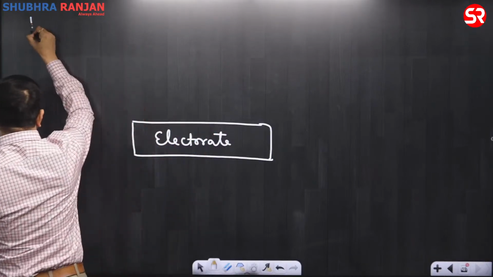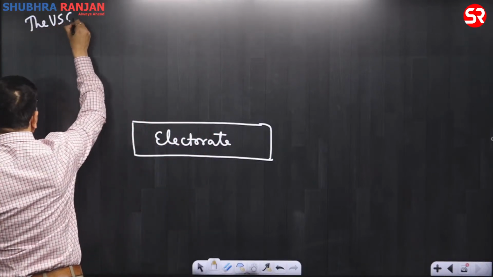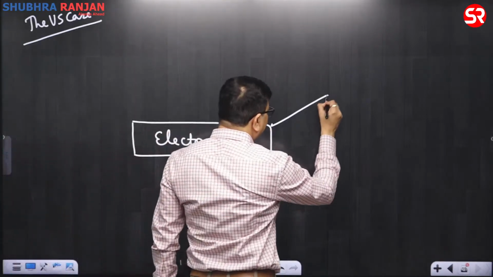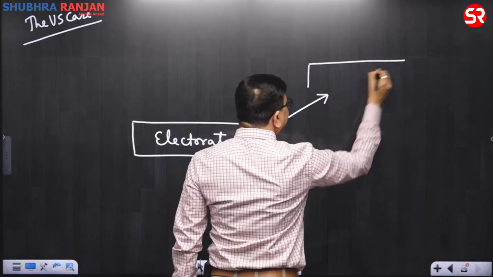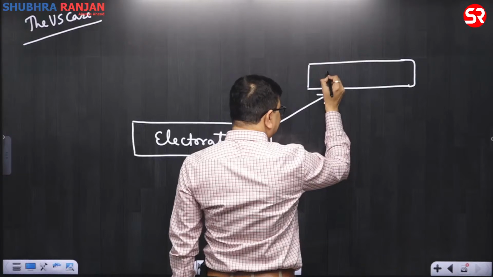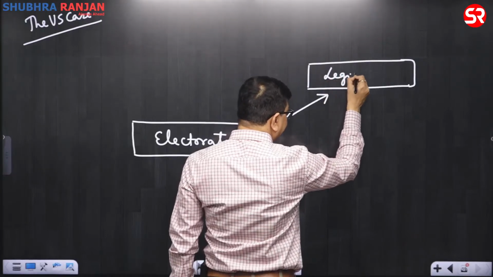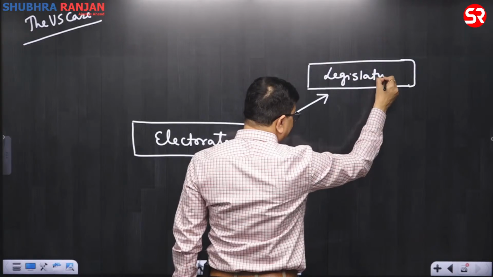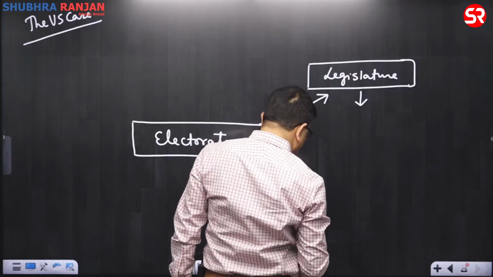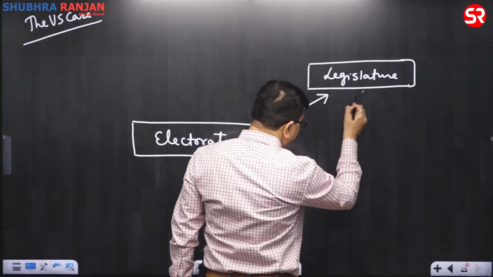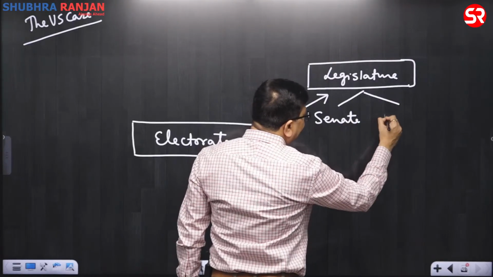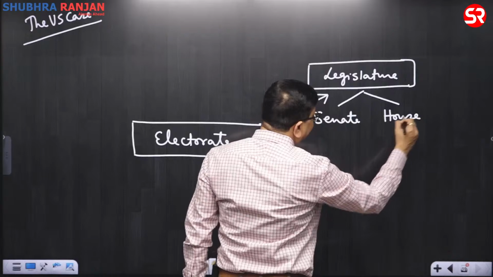The US case, the US is a role model of a presidential system. In the US, the electorate elects the members of the legislature, that is the members of the Senate and House of Representatives.